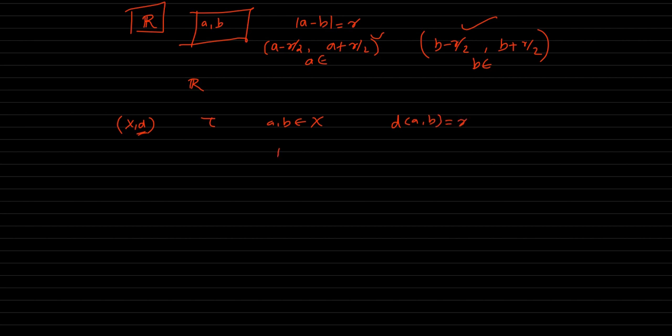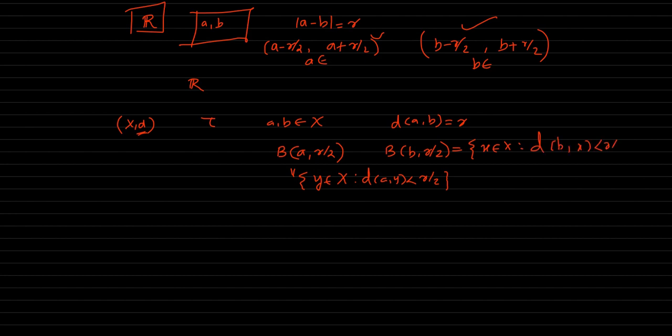Then consider the open balls B(A, r/2) and B(B, r/2). The first is the set of all y belonging to X such that d(A, y) is less than r/2, and the second consists of all points x in X such that d(B, x) is less than r/2.